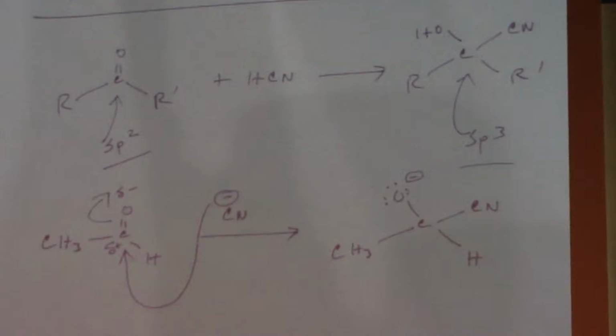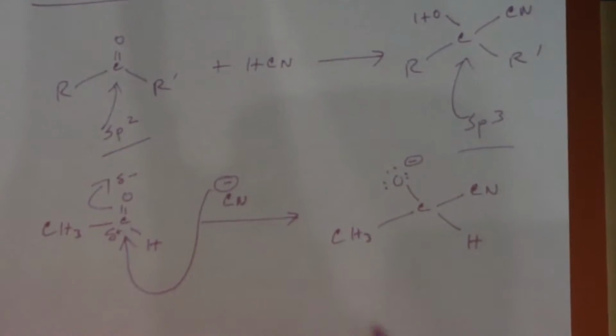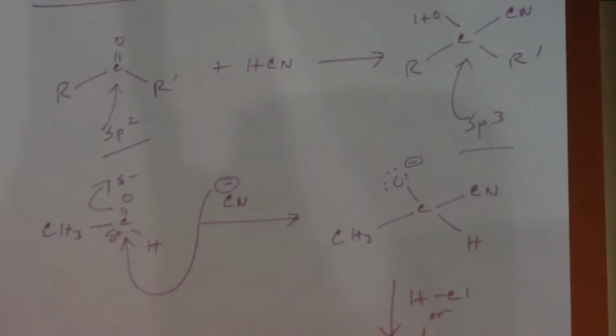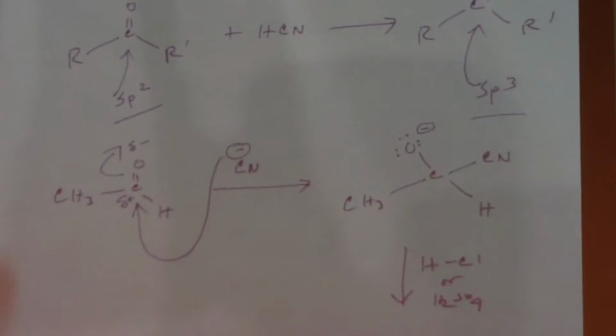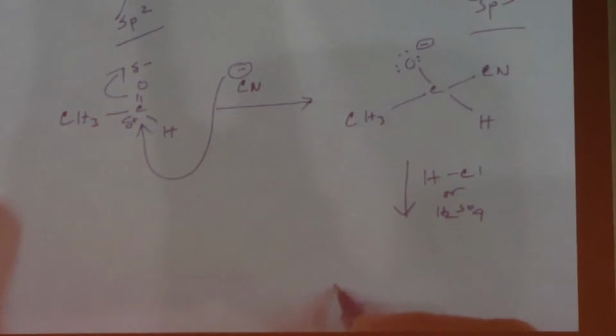In the subsequent step, you just provide the acid, HCl or any other, or H2SO4, which protonates. Therefore, this one picks up the proton, going to the cyanohydrin.